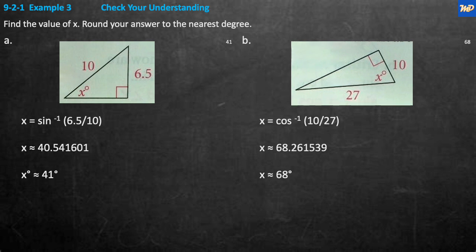That's in degrees, and it's approximate because that value, 6.5 divided by 10, is not an integer by any means. It's not going to terminate. It's going to be a real number that goes on forever. So given that, rounding to the nearest degree, the 0.5 will round up to 41. So x in degrees is approximately equal to 41 degrees.